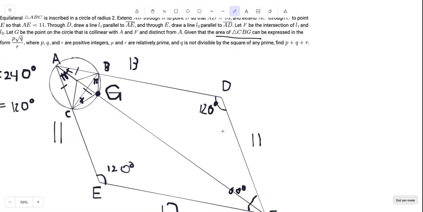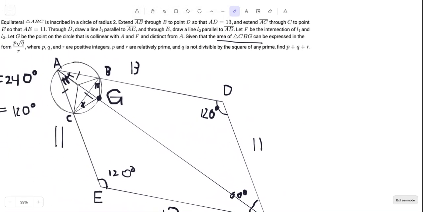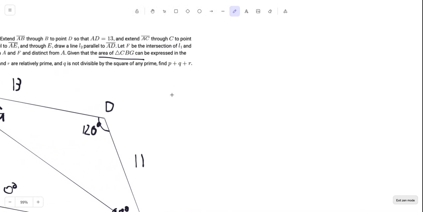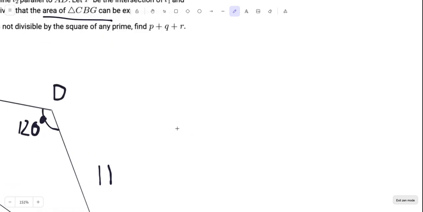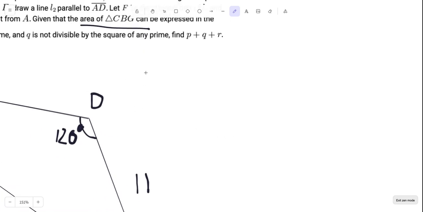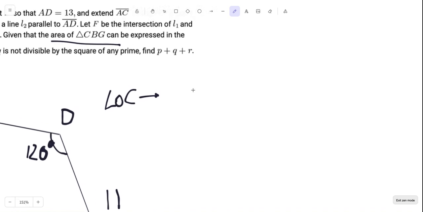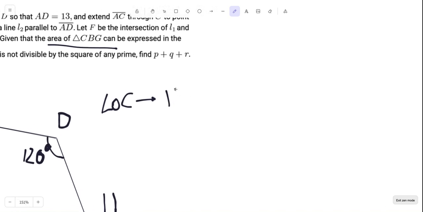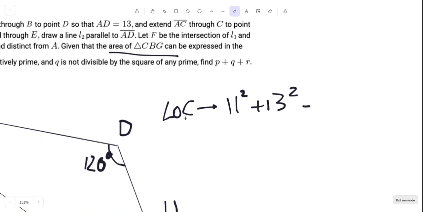All right. Now we can use the law of cosines to find a length we don't know. At least let's start with that. So the law of cosines gives us 11 squared plus 13 squared minus 2ab cosine of theta.